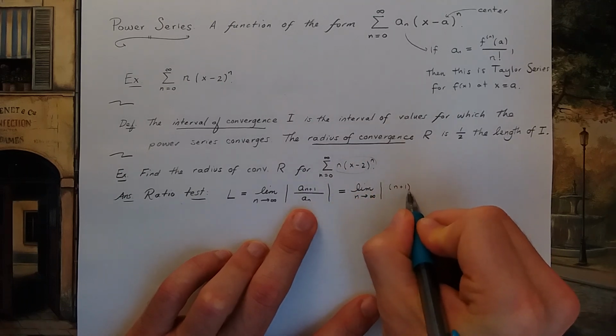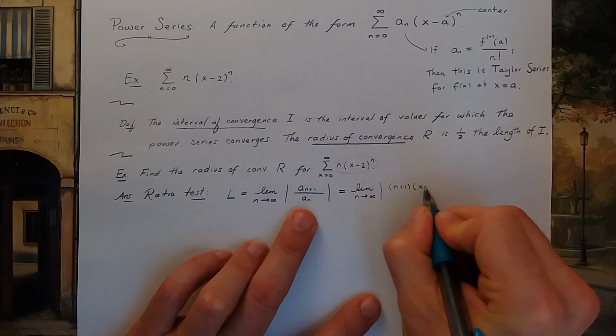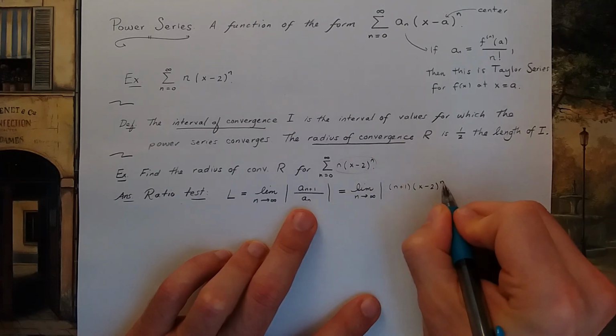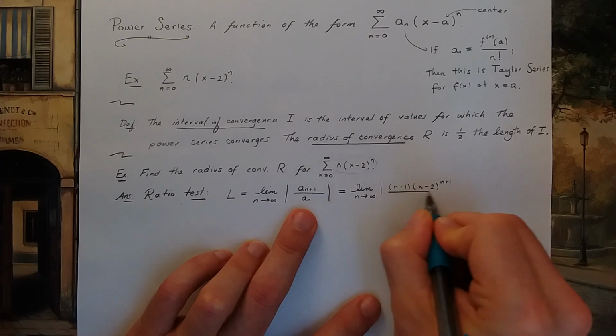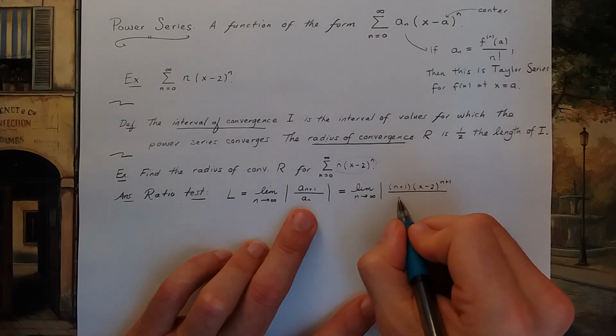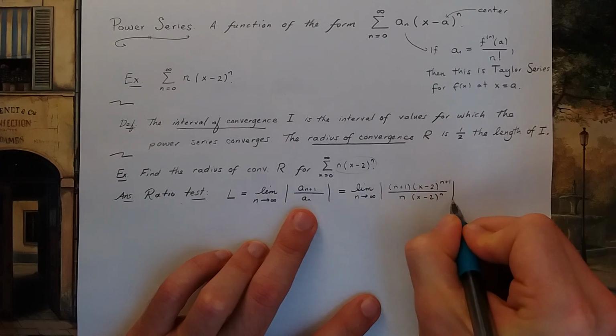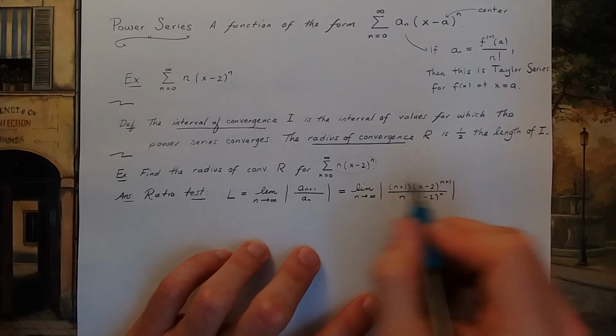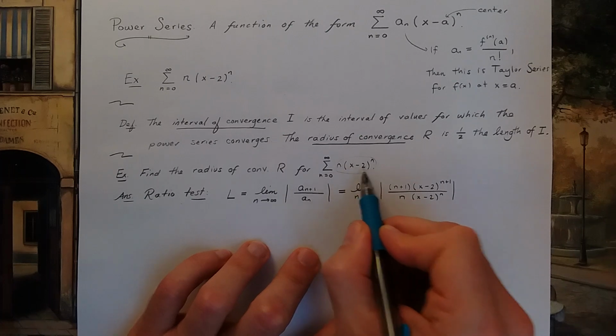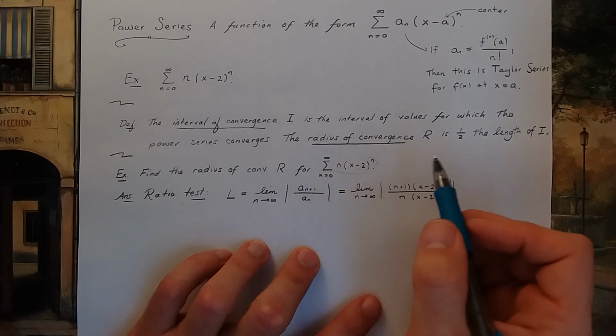So I get (n plus 1) times (x minus 2) to the n plus 1 power all over n times (x minus 2) to the n. And I have absolute values here because some values of x might actually make the terms negative.